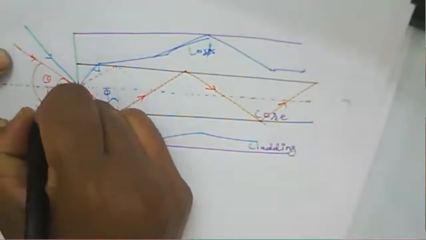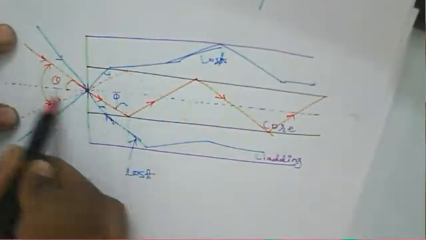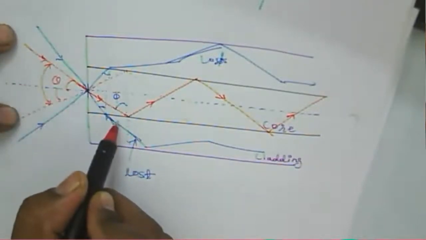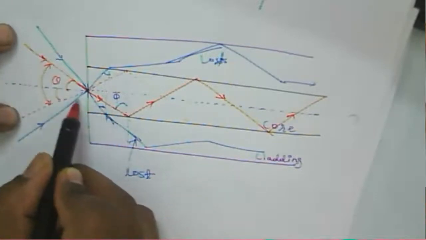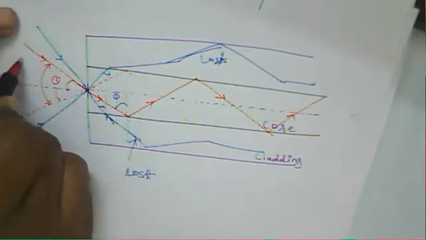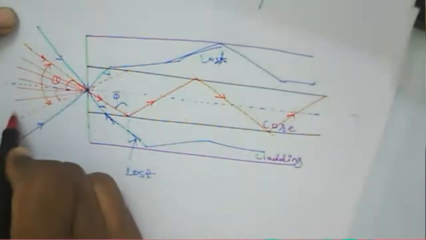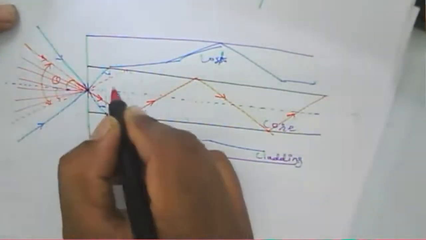So within this particular range, if any ray moves inside this fiber and makes an angle phi greater than the critical angle, likewise I draw here.